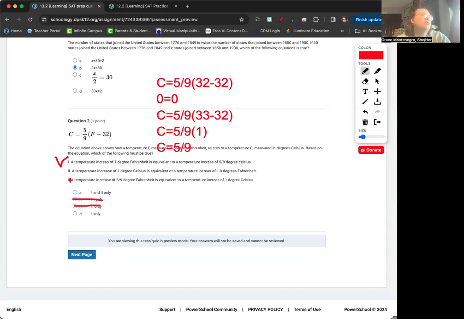All right, so 2 says a temperature increase of 1 degree Celsius is equivalent to a temperature increase of 1.8 degrees Fahrenheit. Okay, so if we're going the other way, we have to flip the fraction. I talked about this earlier.